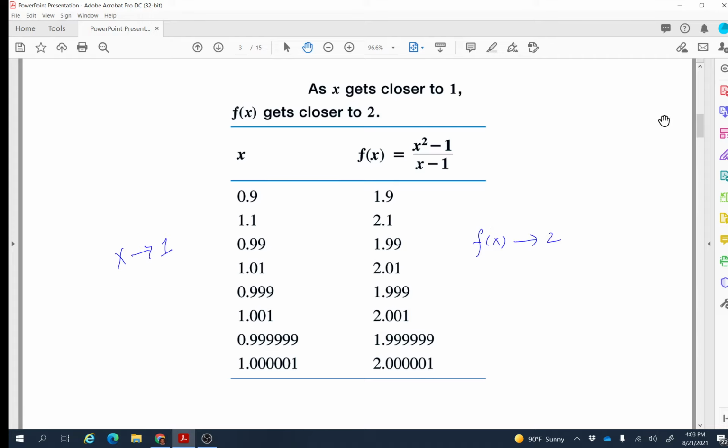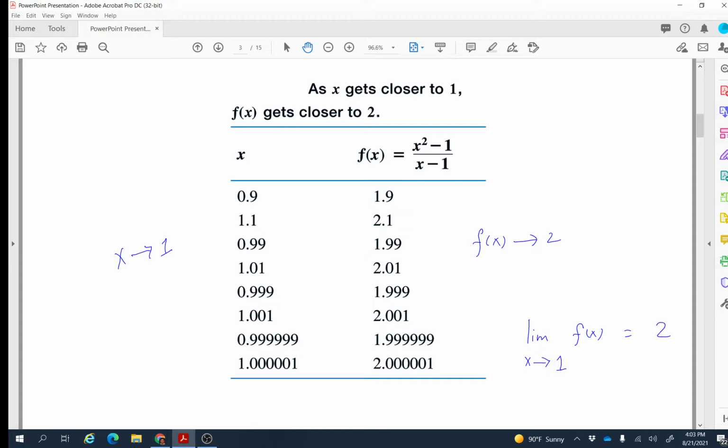So what is the limit of a function here? Limit of a function means, this is the notation we're going to use. Limit, LIM, stands for the limit of the function f of x when x approaches 1. When x goes to 1 either from the left side or right side, the value of the function goes to 2.